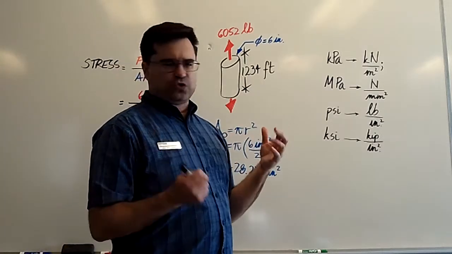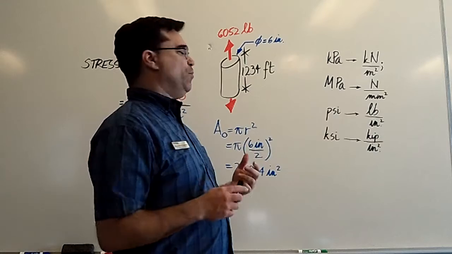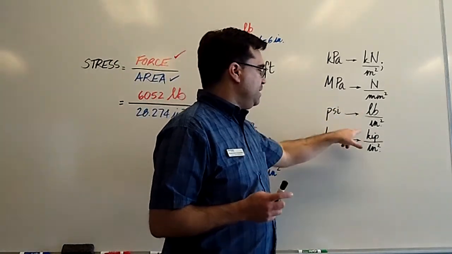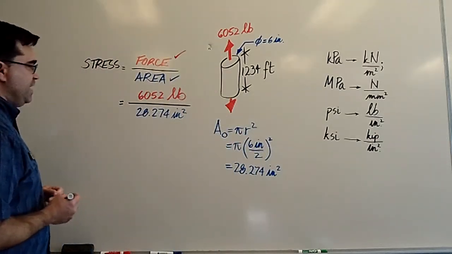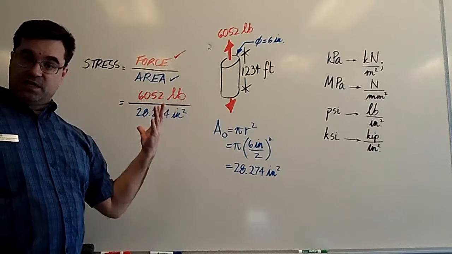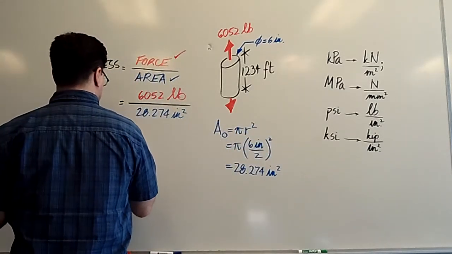So the units that I gave to you during the lecture, typically either PSI or KSI. I think I gave you one more too. So either pounds per inch square for PSI or kips per inch square for KSI. Well, we have pounds and inch square, so we can get something in PSI. It works with this. So yes, we can simply divide the two numbers.